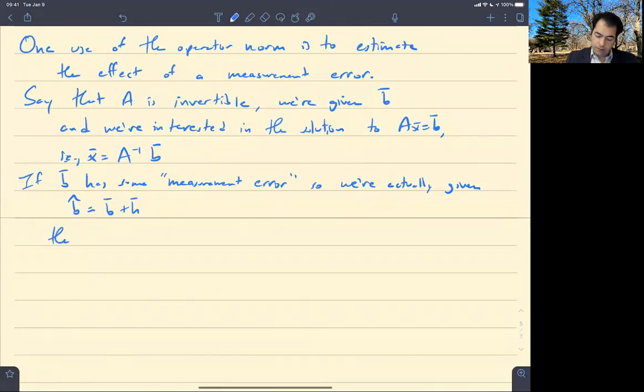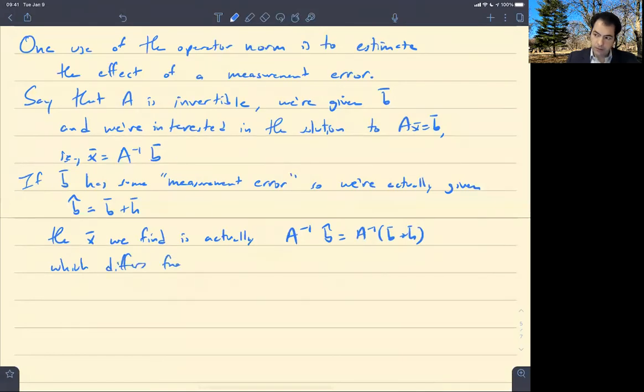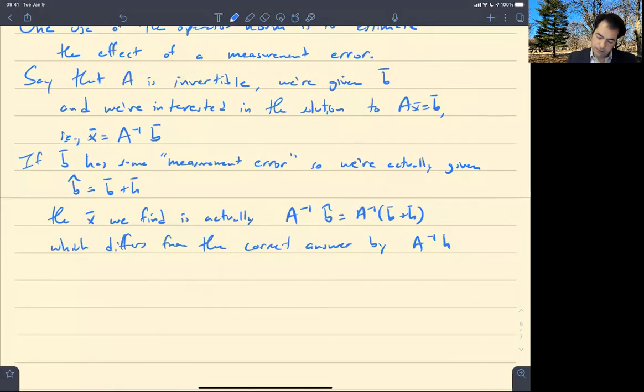Then if everything with solving the system goes well, the X we find is actually A inverse of B hat, so A inverse of B plus H. And this obviously differs from the correct answer by A inverse times H. So the size of this error is the norm of A inverse times H, which is bounded above by the operator norm of A inverse times the size of H.